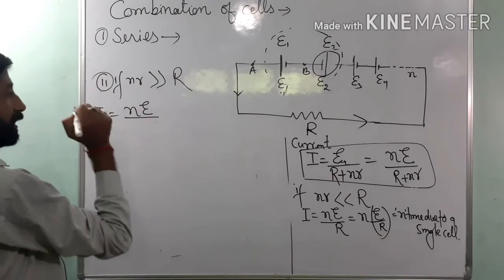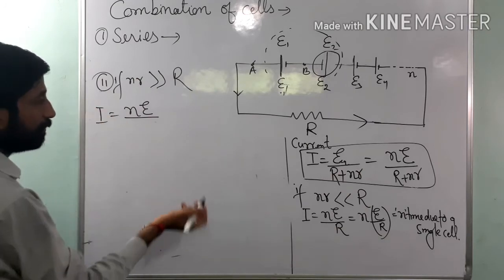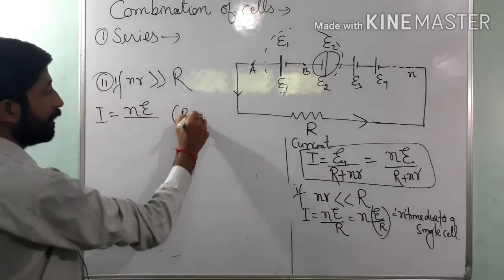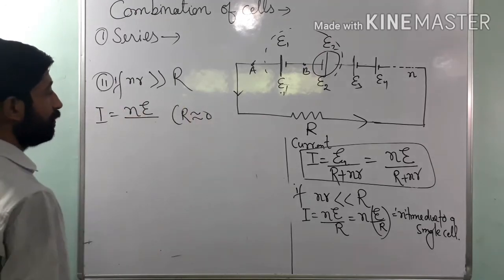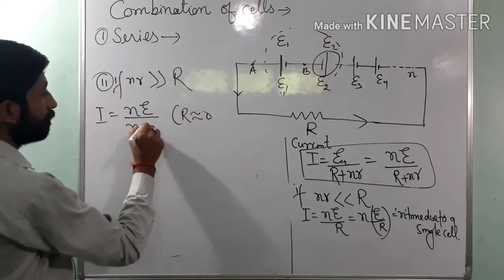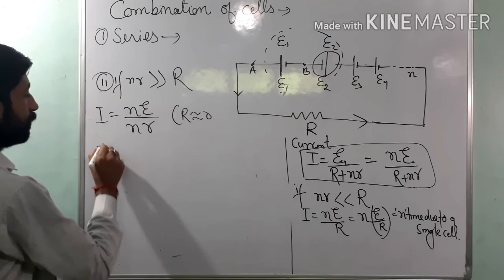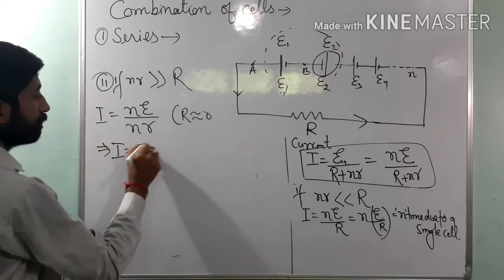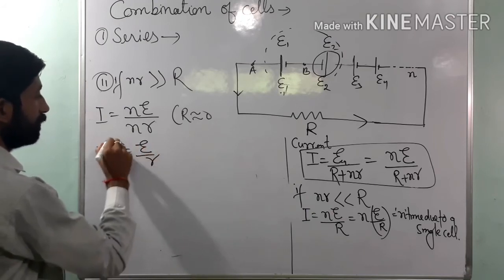So in this case capital R becomes negligible, R is approximately equal to 0. So here we get current I equals E over r.